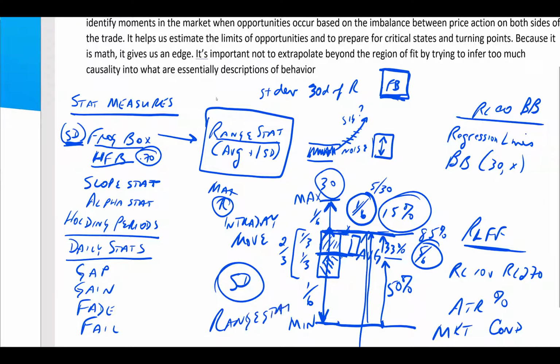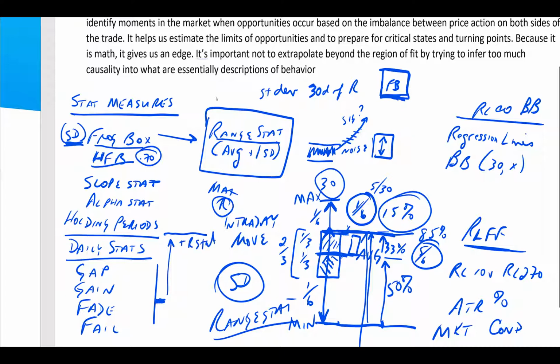And then that allows us to create the upper limit of the average intraday move when we're looking to make our trade. So if here's the open, and here is where it actually opened, we can say the maximum we could reasonably expect it to go in one day would be a plus range stat.